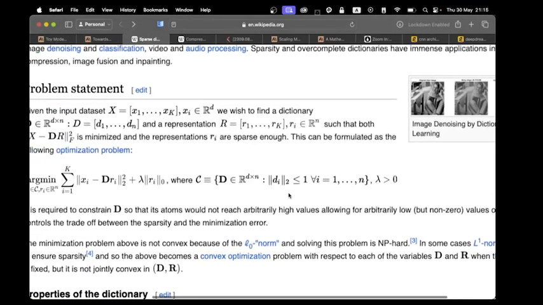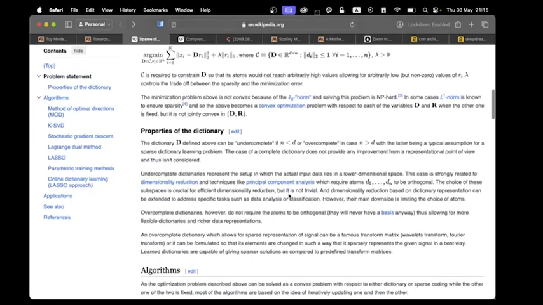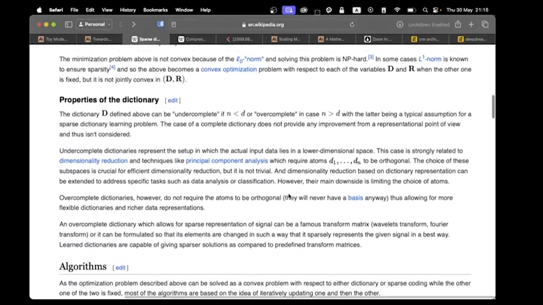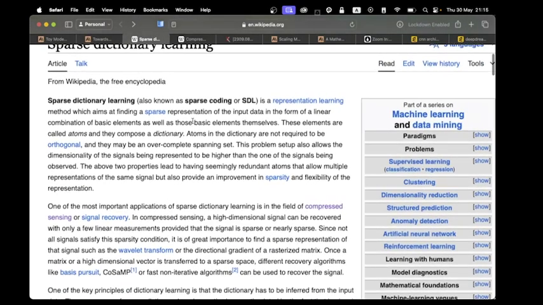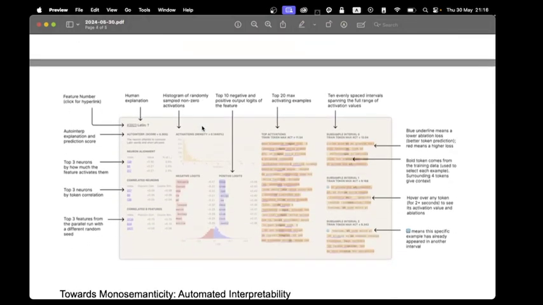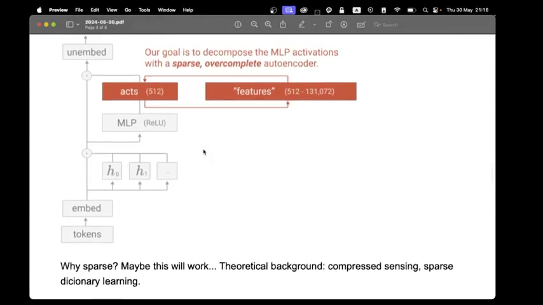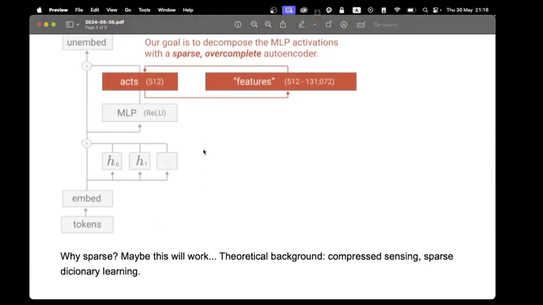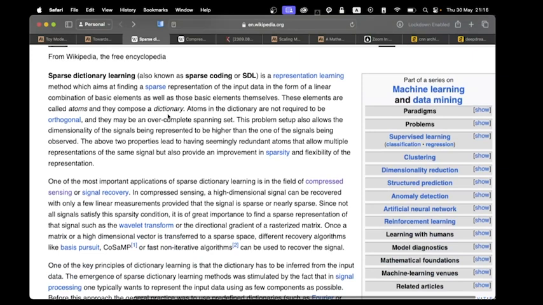I think the question here is what is a dictionary? I think we're going to cover what the dictionary is on this next picture here. But the basic setup is to encode as a sparse linear combination of not necessarily orthogonal features.